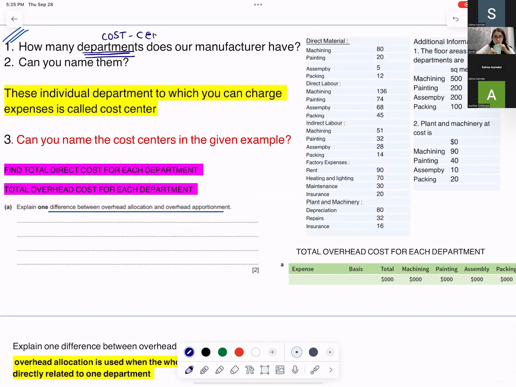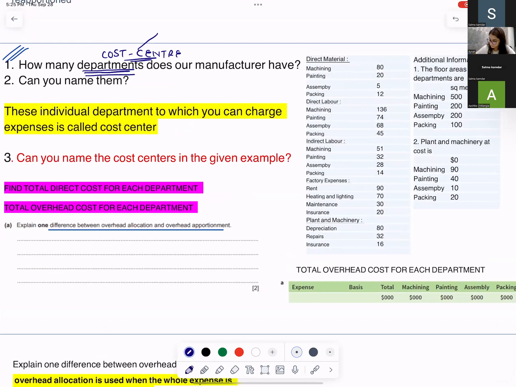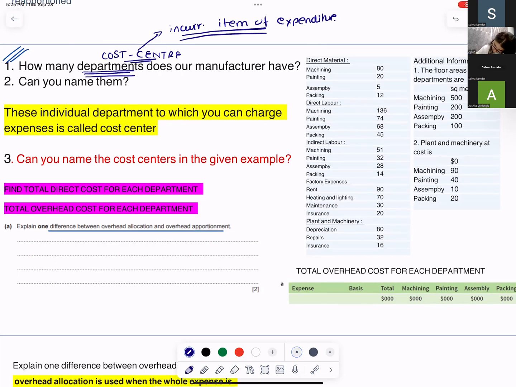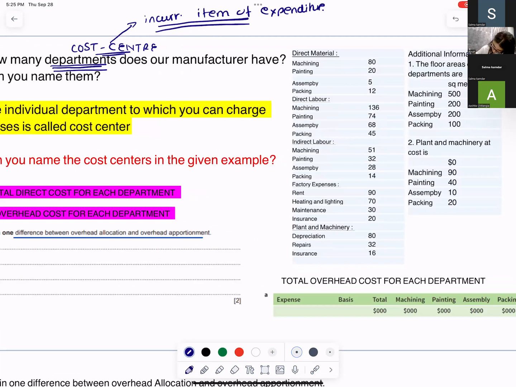Okay. Cost center is a place where you incur your item of expenditure. Are you all with me? So cost center, your department, is the place where you incur your item of expenditure. So can you answer and tell me how many departments or how many cost centers over here the manufacturer has?